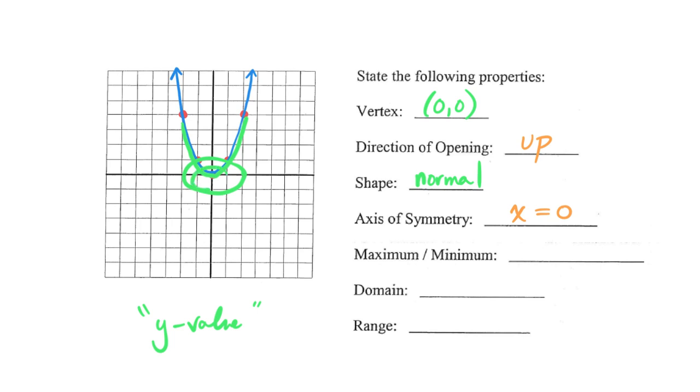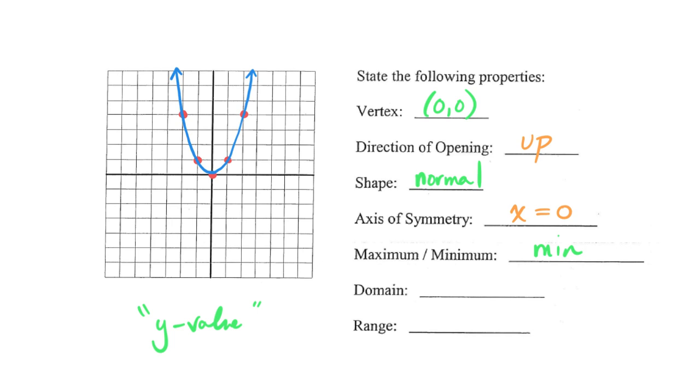It never goes below that value. So does it have a minimum y value? Yes. So again, if I got rid of all that green, what we have in this instance is a minimum. Okay, we're going to get a lot of practice working through that one.